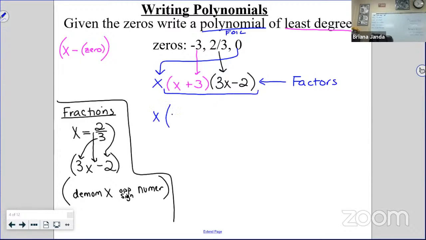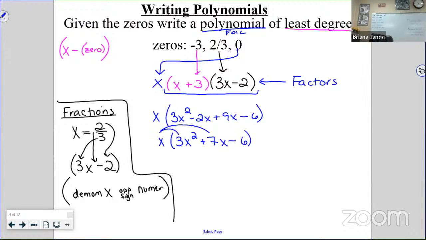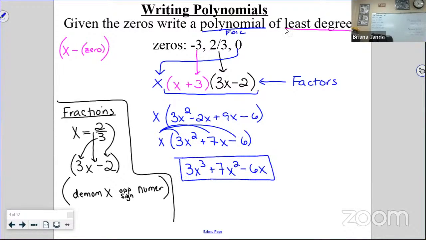So if we FOIL that, what do we get here? 3x squared minus 2x plus 9x minus 6, which would be 3x squared plus 7x minus 6. Distribute that x through, and we get 3x cubed plus 7x squared minus 6x. That is a polynomial.